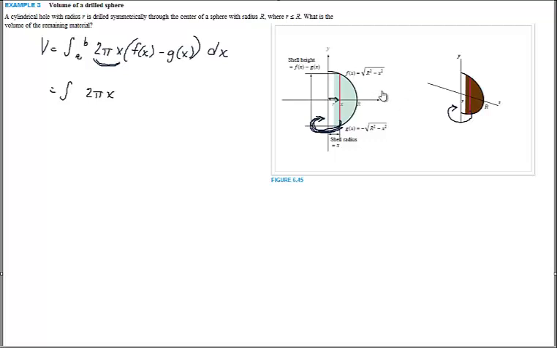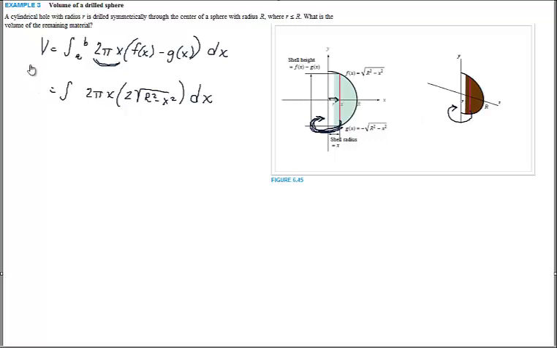You could look at it as just looking at the top of the ball and saying, well, the volume is just going to be two of these f functions, or you could formally say it's f of x minus g of x, and minus and minus makes it a plus, so it's still two of those, r squared minus x squared quantities dx.